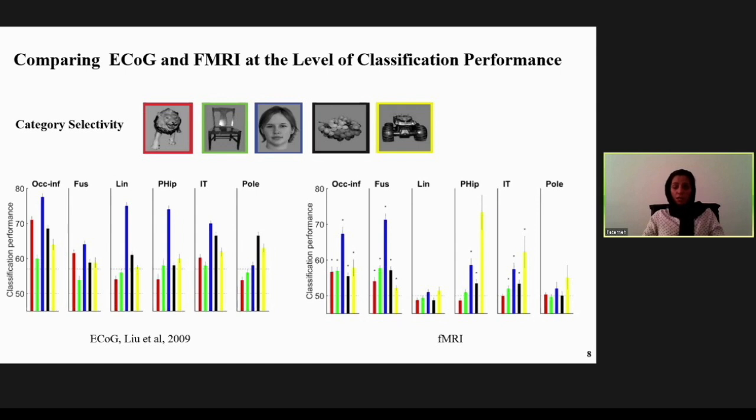As shown in this figure, occipital inferior and fusiform areas are more selective to the faces than to the other categories in ECoG and fMRI. For parahippocampal and temporal inferior, fMRI and ECoG patterns of selectivity are different. fMRI responses show higher selectivity to the vehicles, whereas ECoG responses are more selective to the faces.